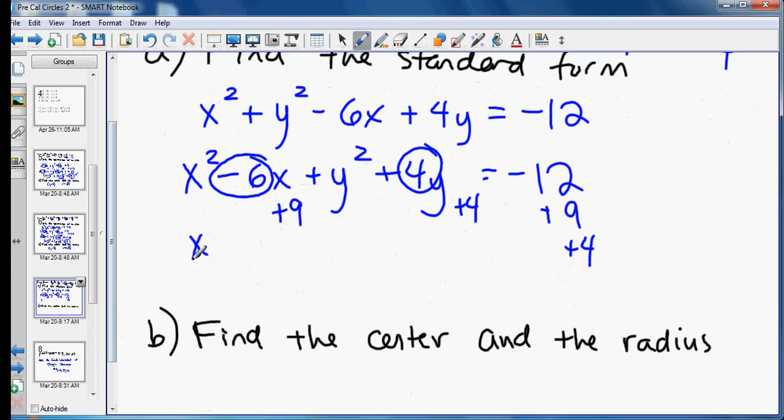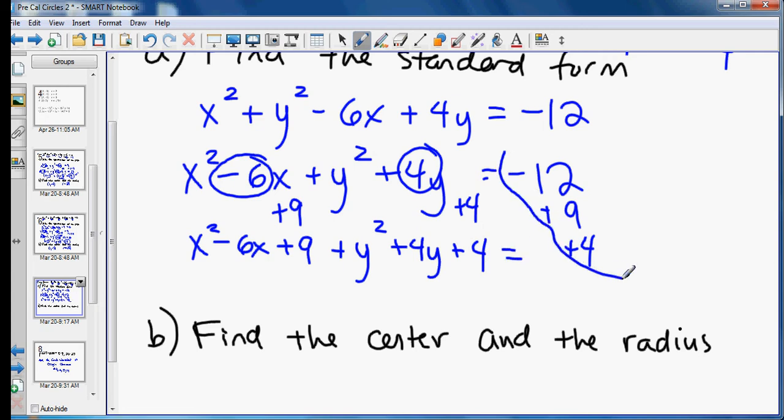So I end up with x squared minus 6x plus 9 plus y squared plus 4y plus 4, and that's going to equal just 1. 9 and 4 is 13, negative 12 plus 13 is 1.